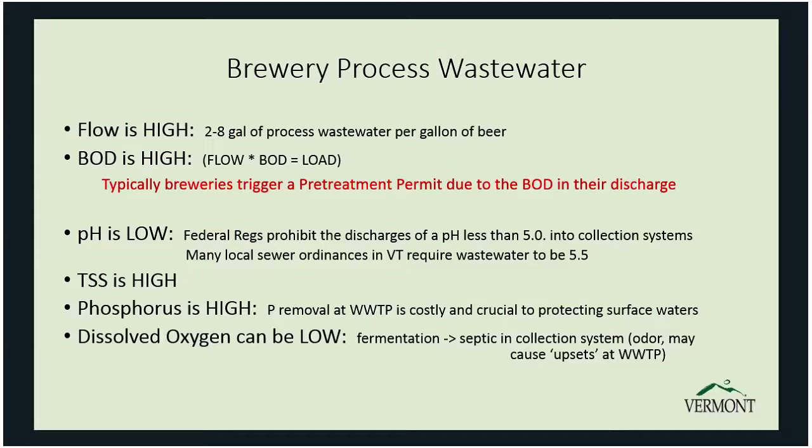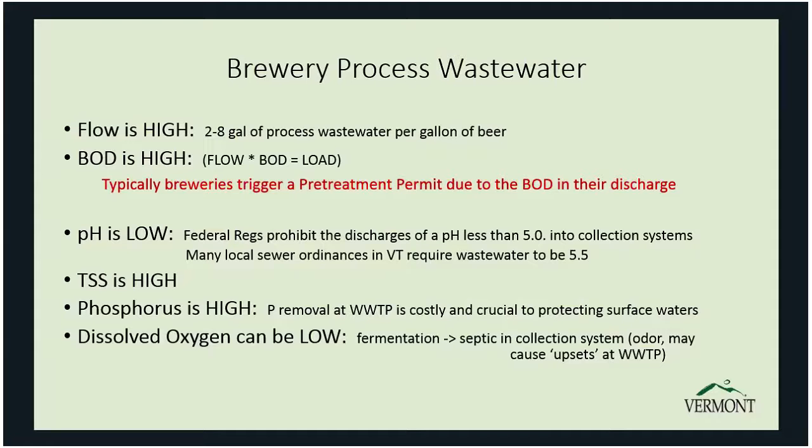TSS, which is another acronym for total suspended solids, is very high in typical brewery process wastewater. As I said, phosphorus is very high, and phosphorus removal at a wastewater treatment plant is very costly, and as we touched on earlier, very crucial to protecting surface waters. And the last thing is dissolved oxygen can be very low in brewery process wastewater.